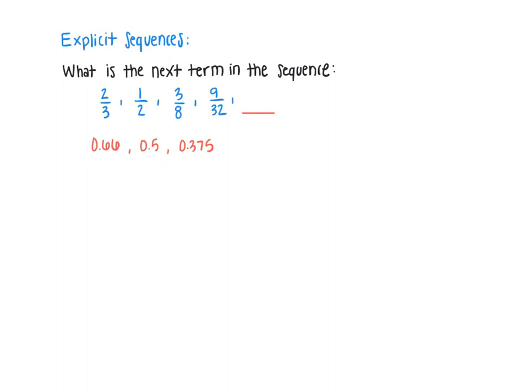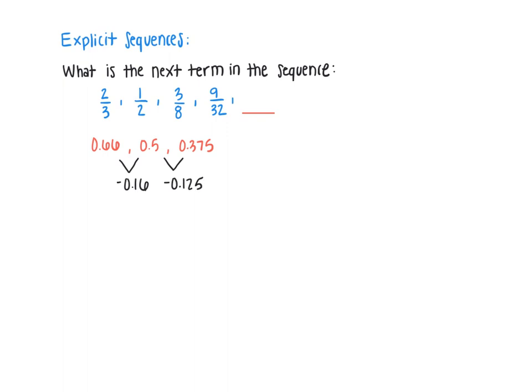So maybe I should start by looking to see if there's the same difference between each one of these terms. So if I subtract the first 2 terms from each other, I know I'm decreasing by 0.16. And if I subtract the second 2 numbers from each other, I know I'm decreasing by 0.125.